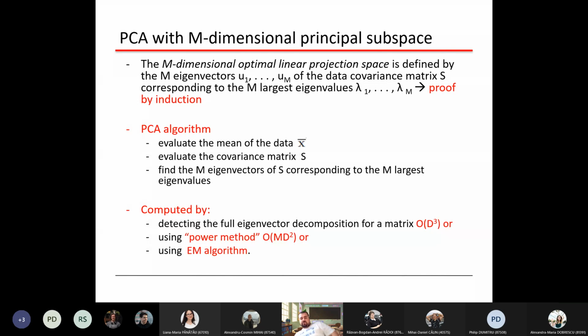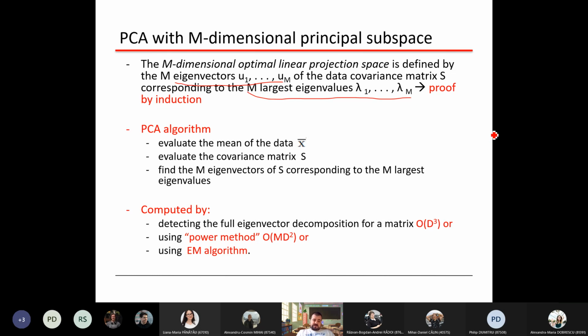So to do PCA in an m-dimensional principal subspace, first the m-dimensional optimal linear projection space will be defined by the eigenvectors U1 to Um of the data covariance matrix S, corresponding to the m largest eigenvalues lambda 1 to lambda m.